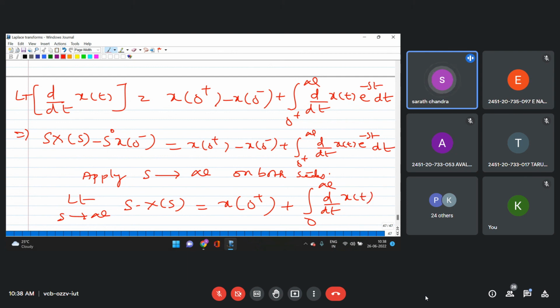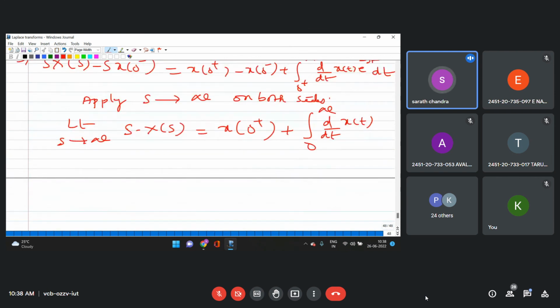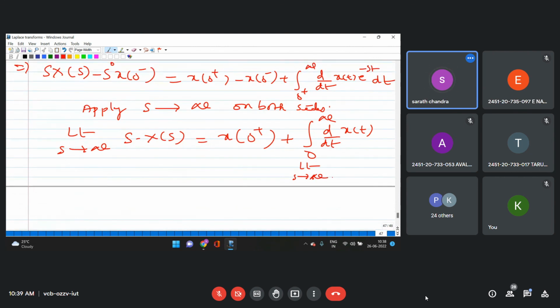So here we have to apply the limit. Inside that limit s tending to infinity, we have e to the power minus st dt. So this part, the limit of e power minus infinity, will be 0. If I substitute s equals infinity, the complete second term becomes 0.